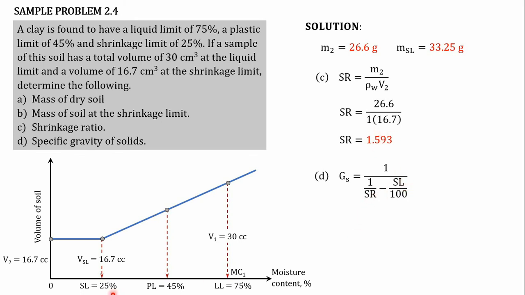Ang shrinkage limit is equivalent to 25%. Okay, so therefore, class, ito yung ating equation. So, GS is equal to 1 divided by 1 over 1.53 minus 25 divided by 100. Okay, so therefore, GS natin is equal to 2.65. Okay?